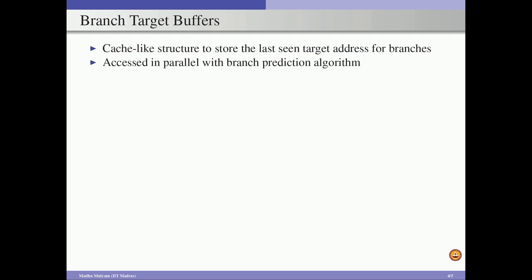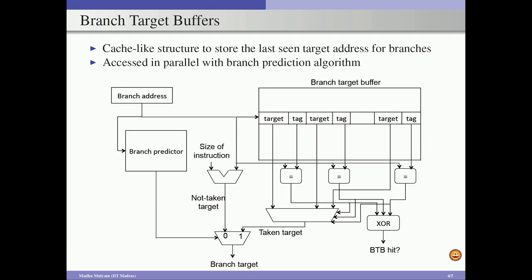So, the organization of this branch target buffer will be something like this. This is the branch target buffer, and it can be organized as a set associative cache, and each set consists of multiple target addresses.